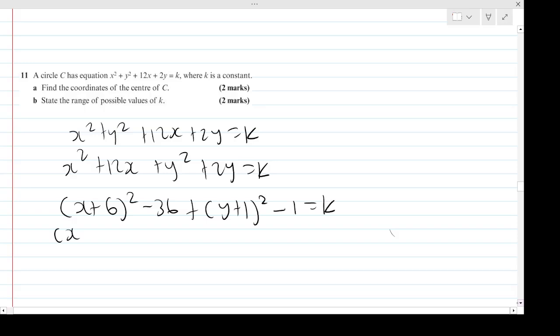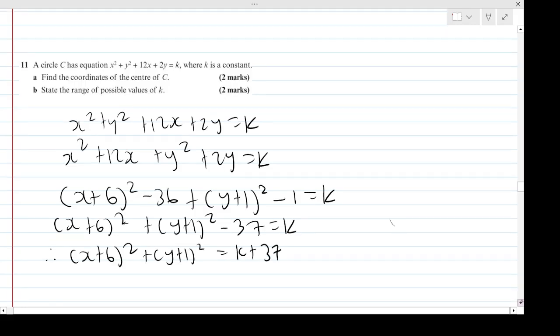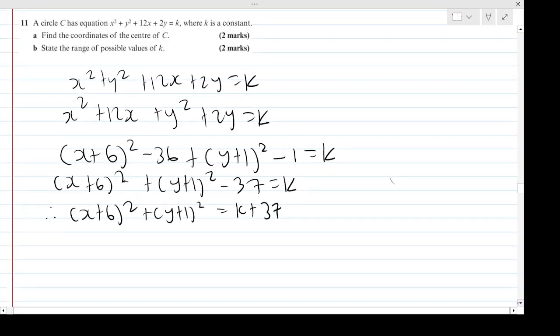Then I can add the numbers together: x plus 6 squared plus y plus 1 squared, and minus 36 minus 1 is minus 37, is equal to k. Therefore x plus 6 squared plus y plus 1 squared equals k plus 37, if I add the 37. And so that's the equation in the form I want it to be in.